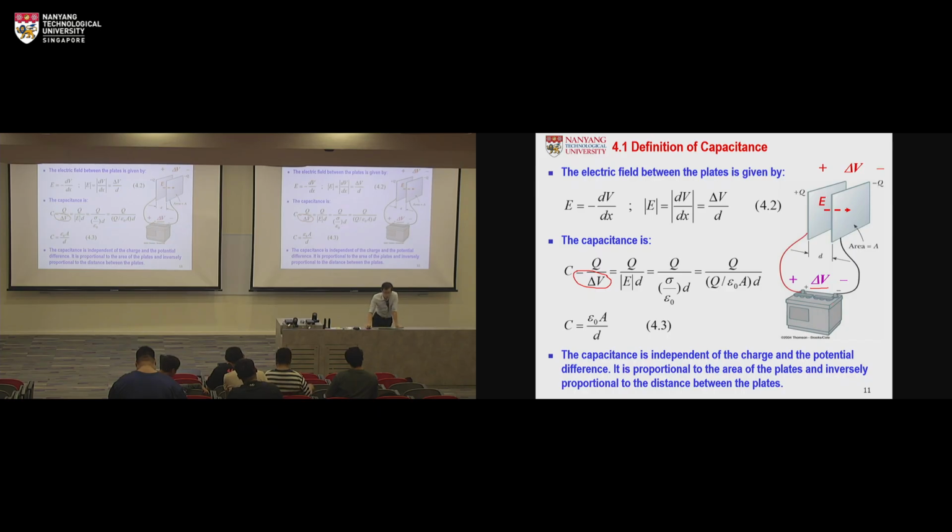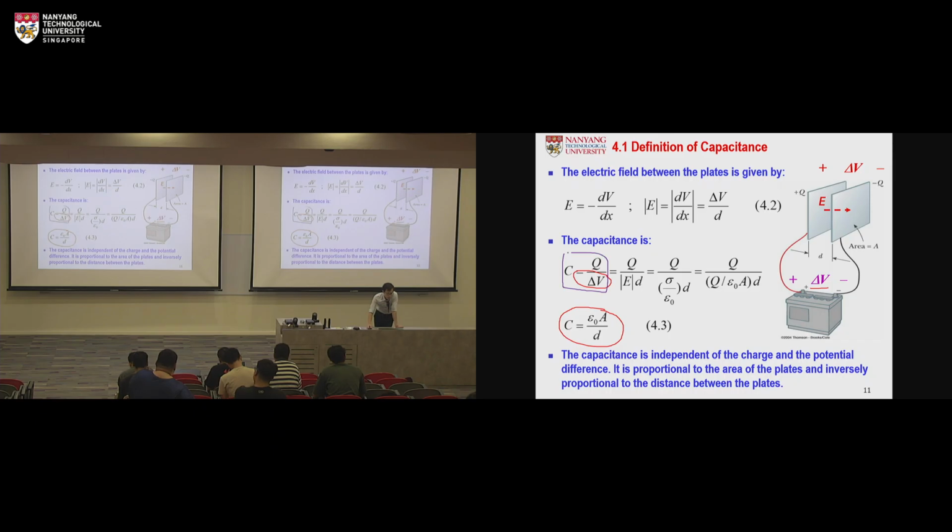And here, if we are looking at this kind of simple capacitor, again, the so-called simple capacitor is just two parallel metal plates. This is the most typical structure. And we can actually further derive the capacitance in this formula. So again, pay attention to this difference.